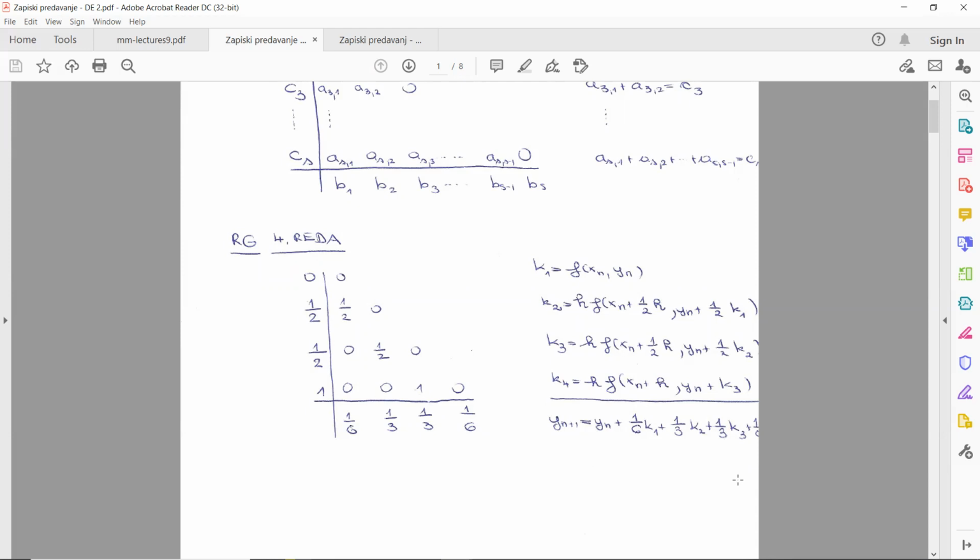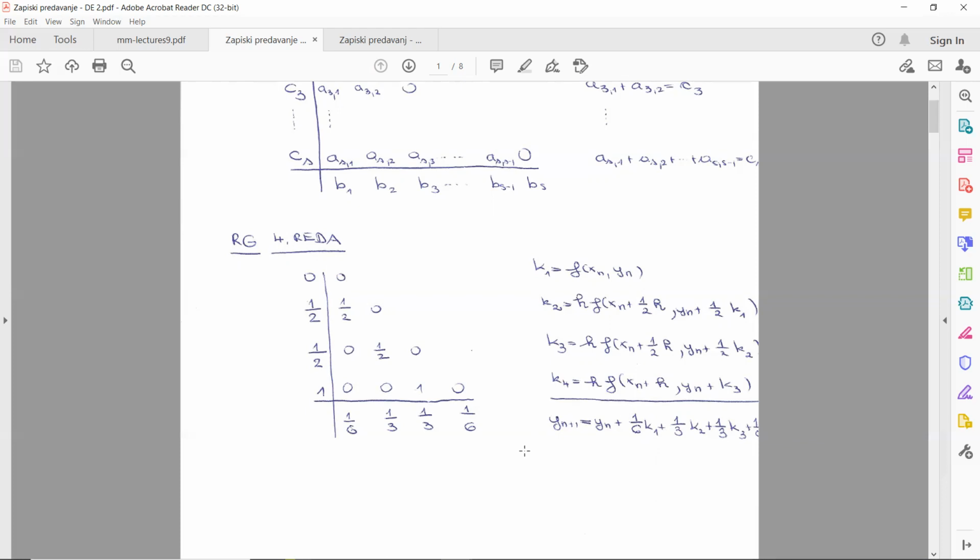And if the error is small enough, we accept this step and continue. But if the estimation of the error is too big, then from that point on, we make h smaller. Usually we take h over 2, or this method takes h over 2 and continues with smaller step size. So this is basically the idea behind this method.